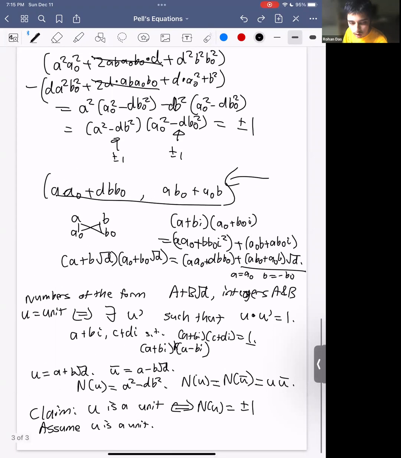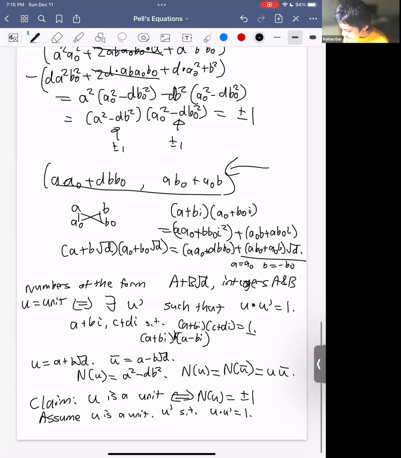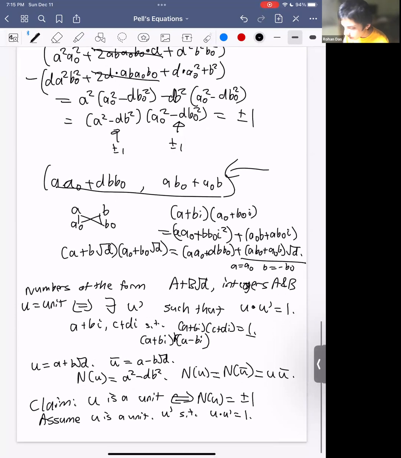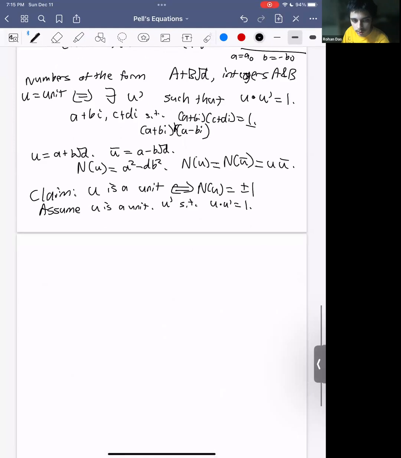So now let u be some unit, then there exists u prime such that u times u prime is equal to 1. To continue from here, we're going to need to use a fact about the norm that is also really similar to magnitude in complex numbers.